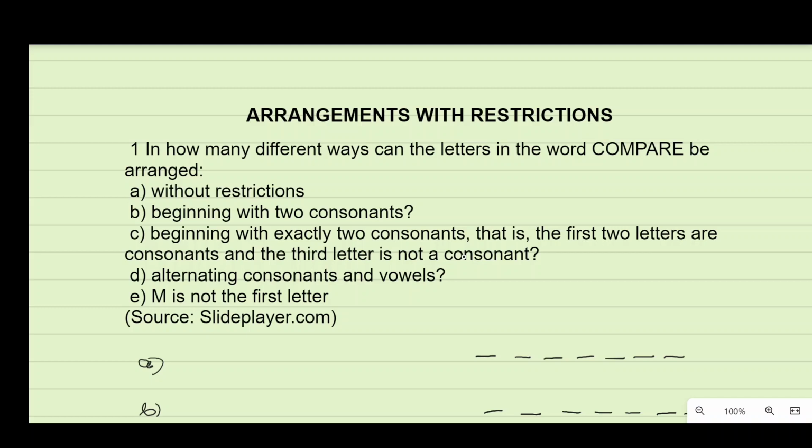If the question is not talking about repetitions, that means repetition is not allowed. Even though it is not mentioned, repetition is not allowed. So let's go to A, without restrictions.